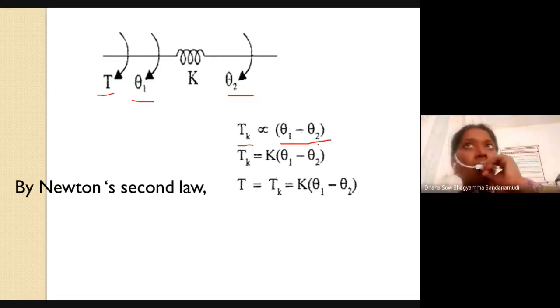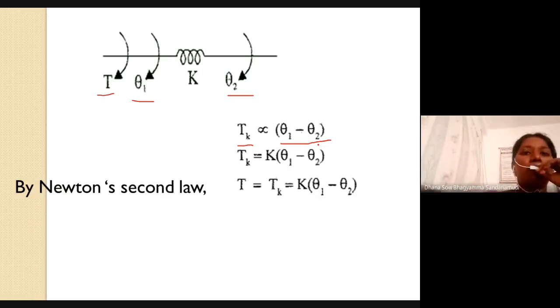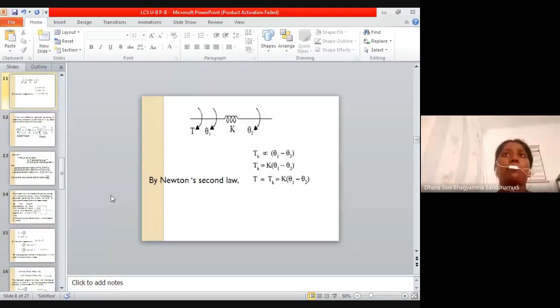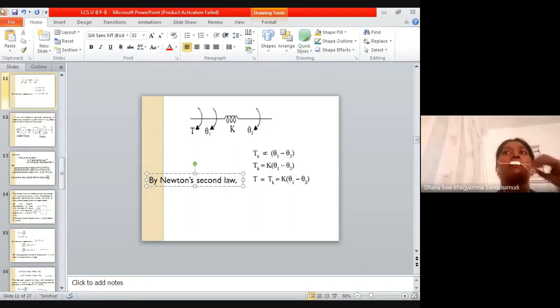If you remove the proportionality, Tk is equal to K into theta 1 minus theta 2. So according to Newton's second law, T is equal to Tk equal to K into theta 1 minus theta 2.